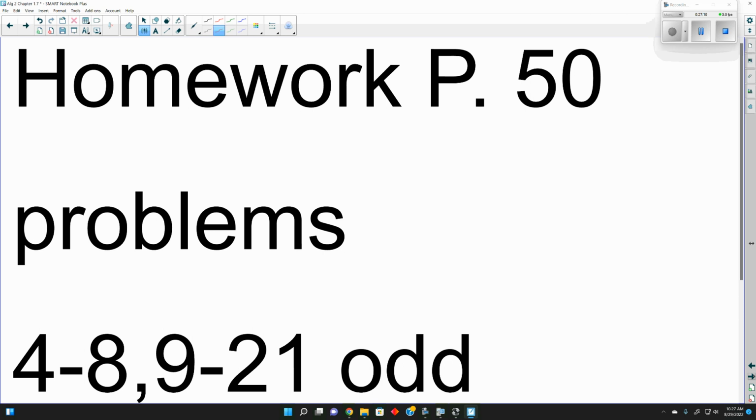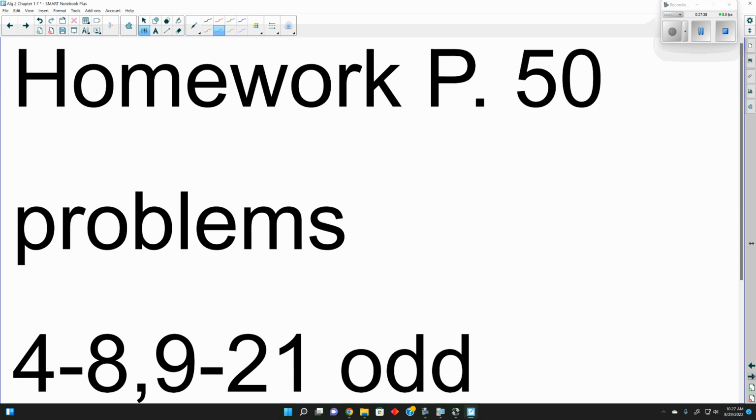And for 7 and 8, they both did something wrong. 9 through 21 on, perform the indicated operations. For those there, so 9 through 15, so 9, 11, 13, 15, they kind of just wrote it out. You'll just do the operation. 17, 19, 21. So it defined it as A and B, and the matrices are right above it.